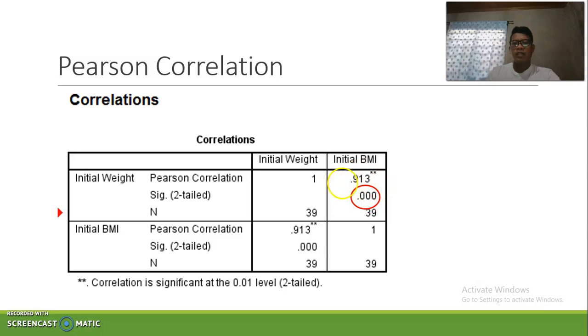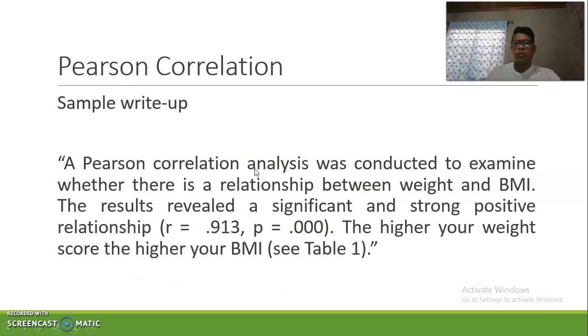And the Pearson R coefficient is 0.9, which is close to 1. So we could now conclude that there is a higher relationship between these two variables.